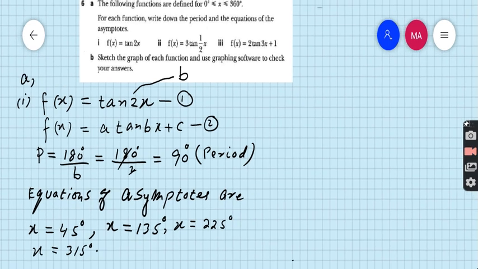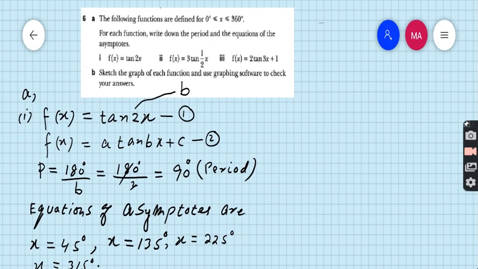So this is the requirement of part A: find the period and the equations of asymptotes. The next requirement, part B: sketch the graph of each function. So I am going to sketch f(x) is equal to tan 2x.